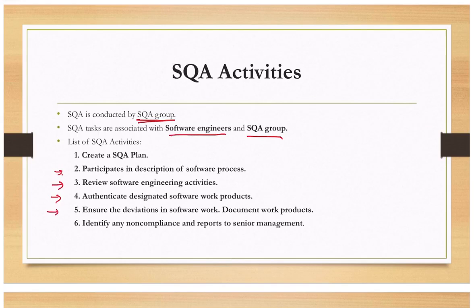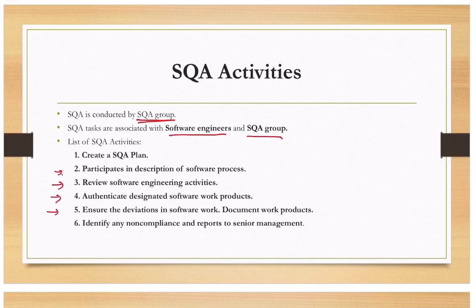Now, the fifth one is ensuring the deviation in software work, that is, all kinds of document work products will be checked in this fifth step. The deviations in software work are identified from the project plan, and these are handled according to documented procedures.